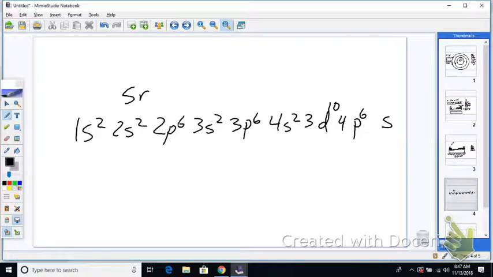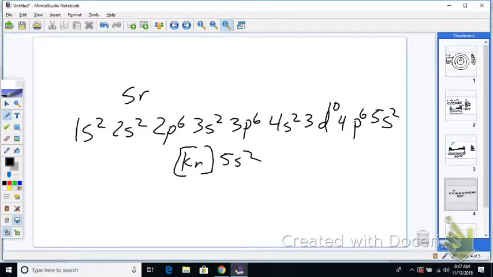I've already got the 4's filled, and that's also the 5th period, 5th row down. So I'm going to go 5S2. Then you go abbreviated. You go to the noble gas above there, krypton. So Kr, 5S2.